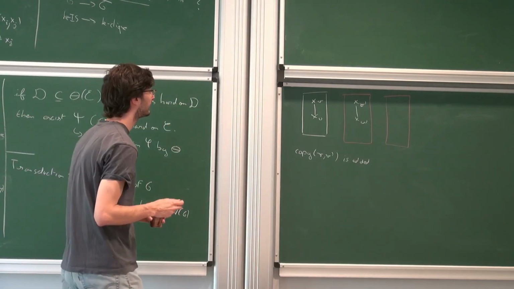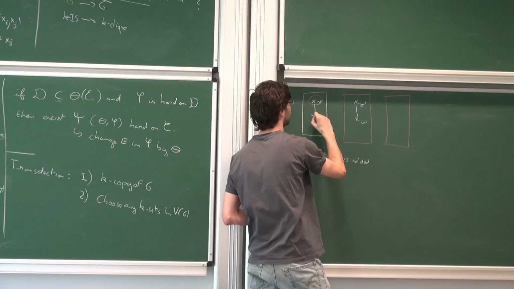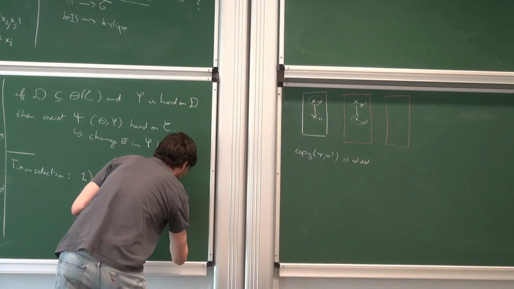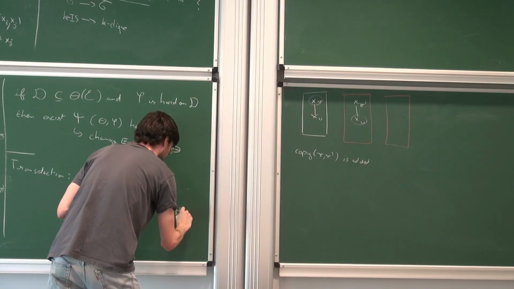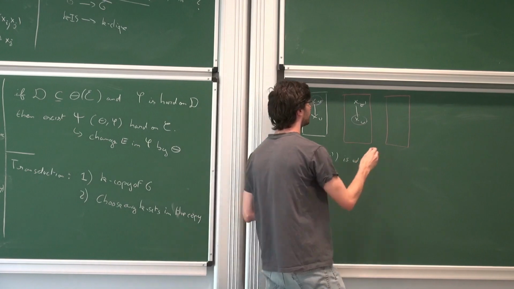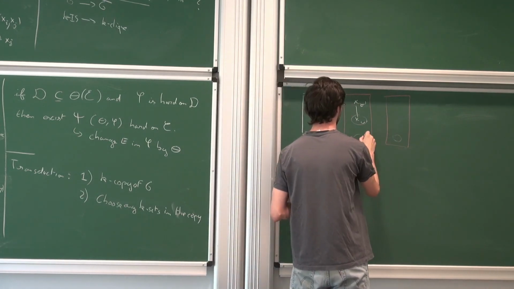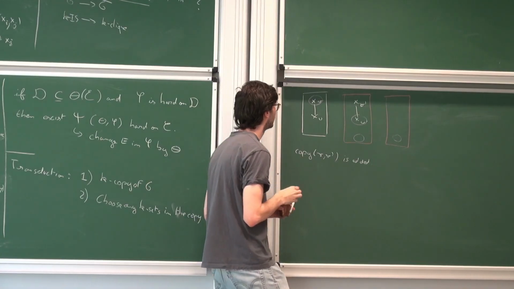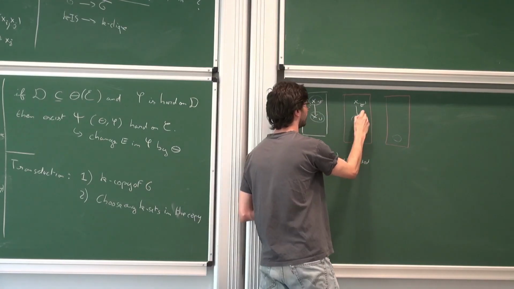So here, we choose in the copy. We can choose the first purple set, then some blue one, and they can intersect.